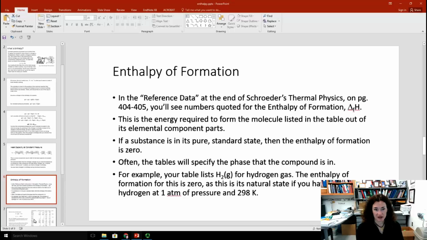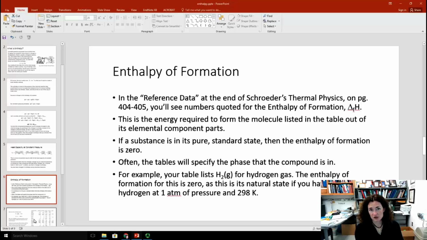Now, the enthalpy of formation is the energy that's required to form the molecule listed in the table out of its elemental component parts. Consequently, if the substance is already in its pure standard state, then the enthalpy of formation is 0. Now, your tables in the back of your book specify enthalpies of formation for a very specific set of circumstances.